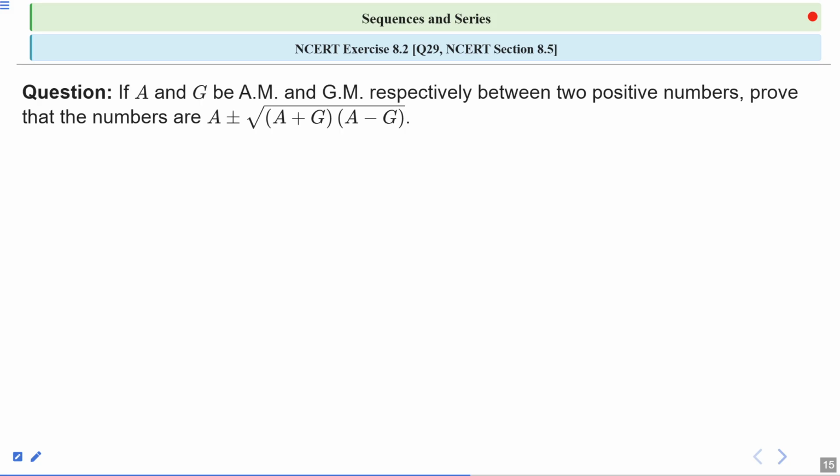Students, first of all try it yourself and then see the solution.